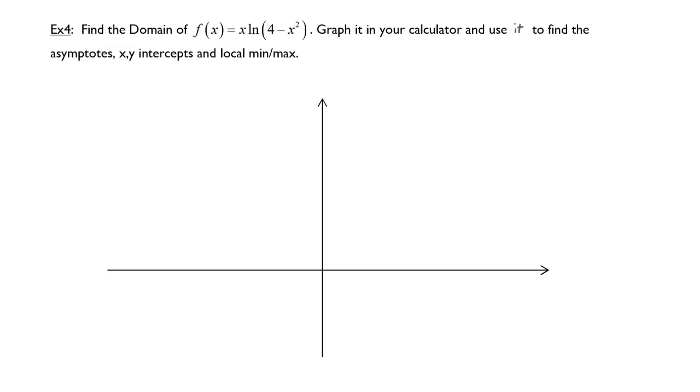First, let's figure out what restrictions we have on the guts, or the inside of the natural log. We know that 4 minus x squared must be positive. So let's take the 4 minus x squared and factor it.